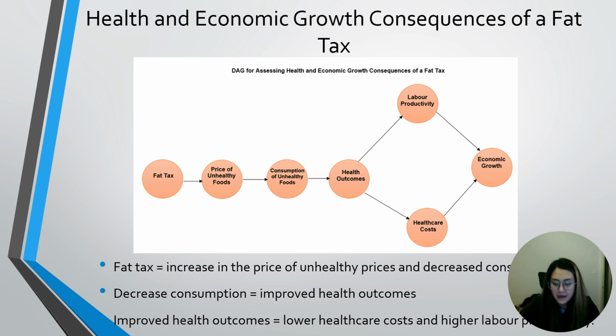By applying regression techniques, the model can estimate the direct and indirect effects of the fat tax on economic growth, accounting for the mediating effects of health outcomes and labor productivity.